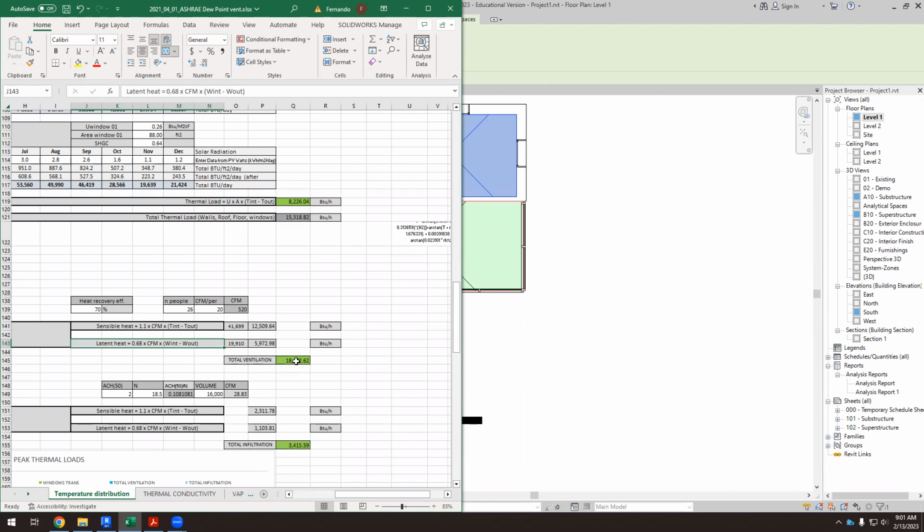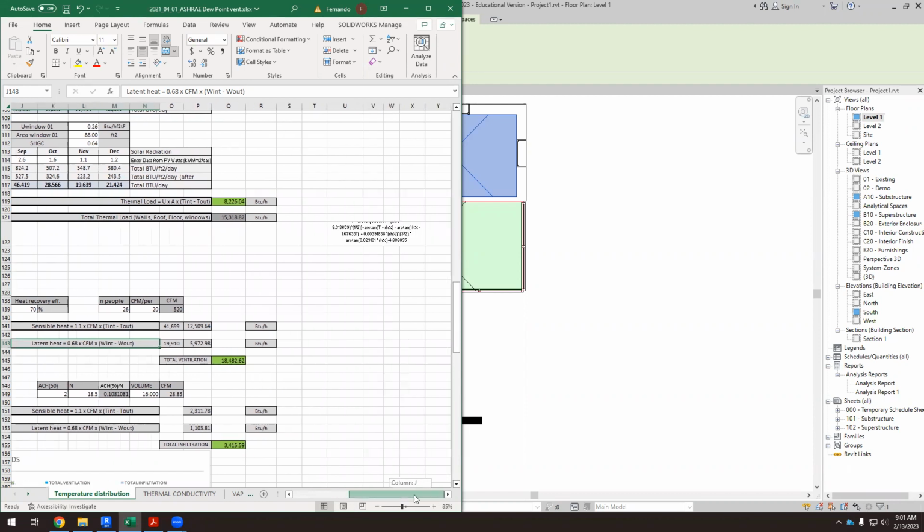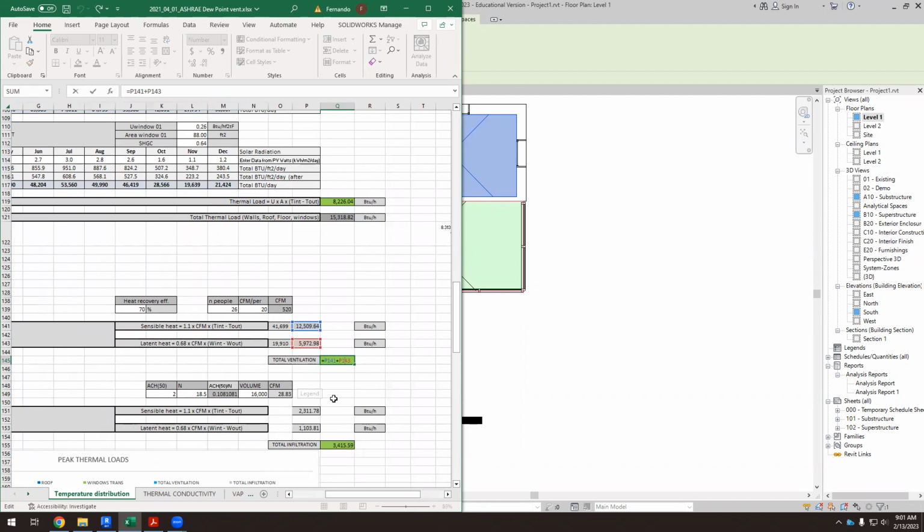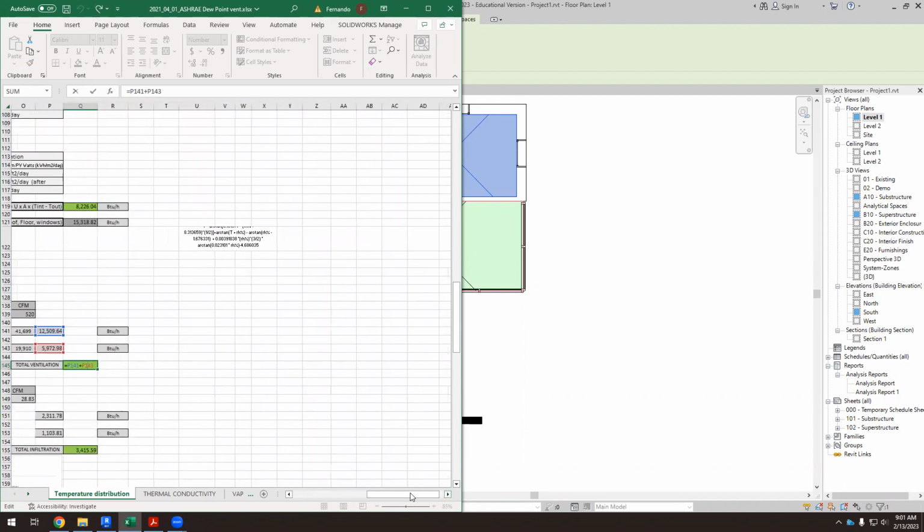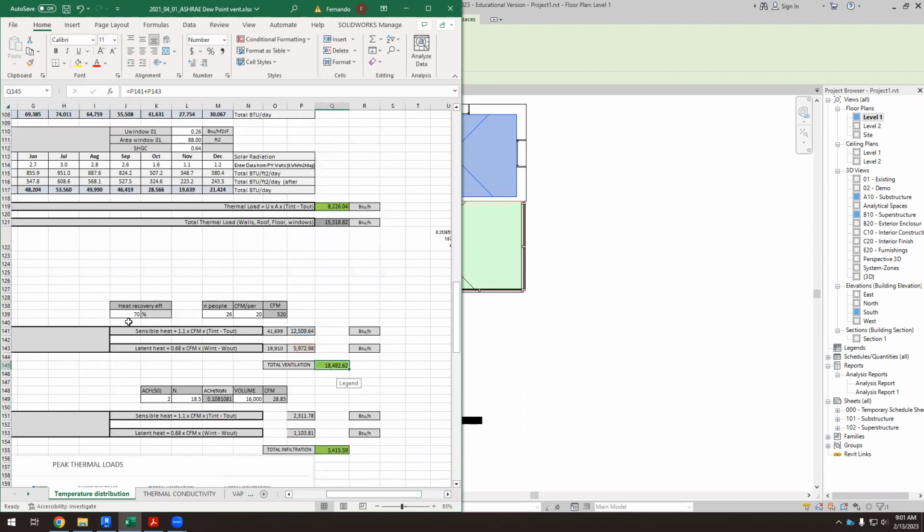So the total ventilation load depends on the heat recovery. So far, we are going to type 0 because we don't know what Revit does in terms of heat recovery, and there is no way that we can know what Revit does. So here we have some uncertainties between these two and Revit. So let's type 0 by default, and then we'll see what happens.